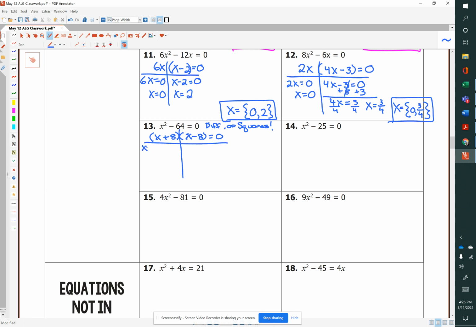So x plus 8 equals 0. X equals negative 8. With x minus 8 equals 0, x equals positive 8. And those are our two solutions.